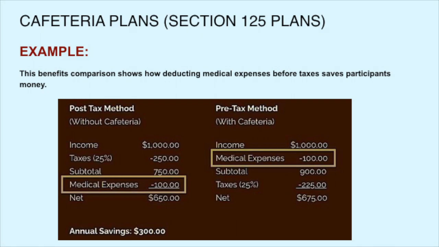From the $900, we calculate the taxes of 25%, and the net take home pay is $675, which is more than with the post-tax method. That's the main benefit of buying the benefits through the cafeteria plan: the contributions can be made with pre-tax dollars.